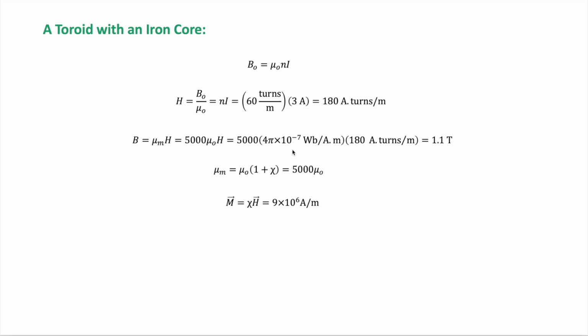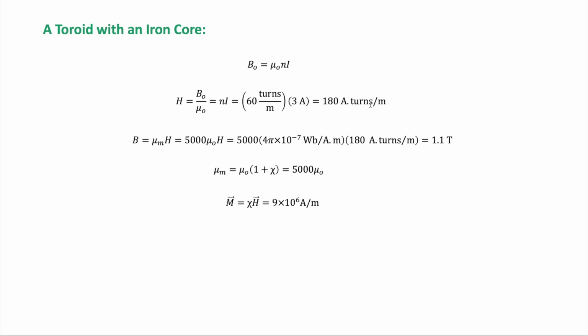So the magnetic field B naught due to the current in the toroid without considering the iron, which is considered the external magnetic field, can be calculated from this equation, and therefore the magnetic field strength is given by this, and this gives us 180 ampere-turns per meter.